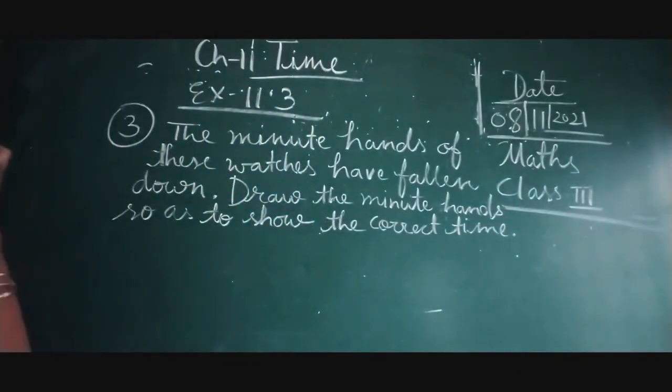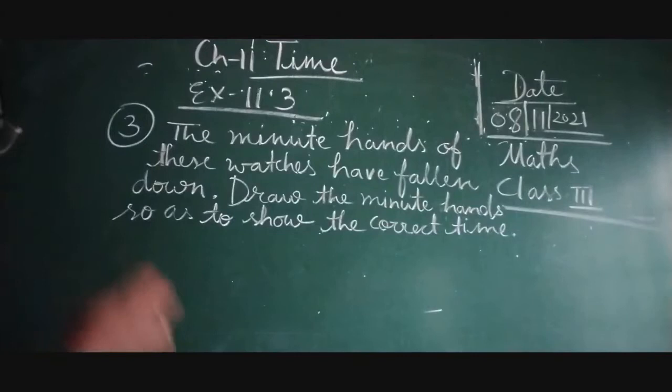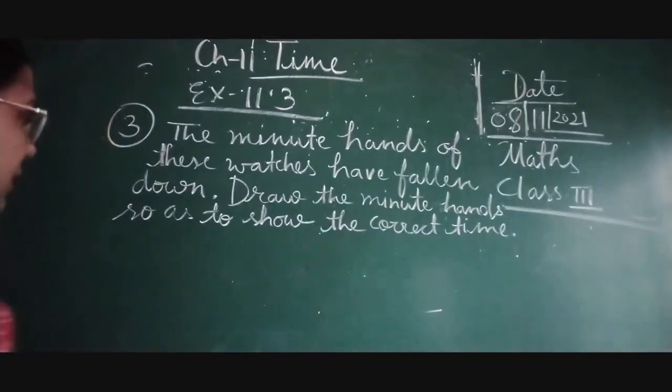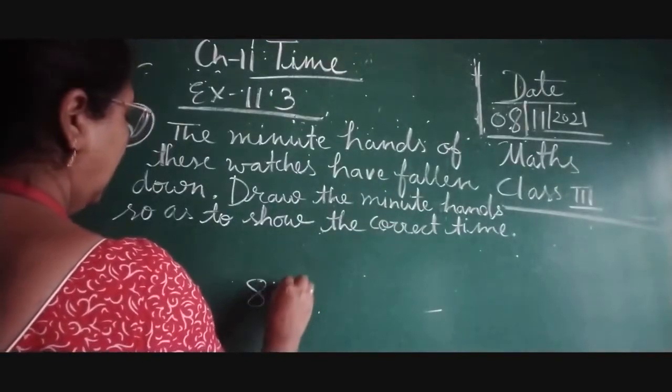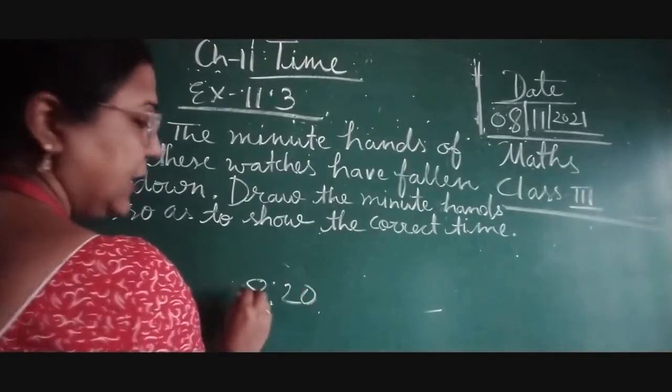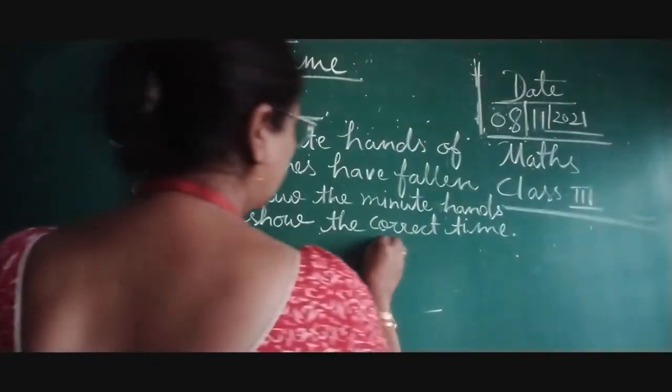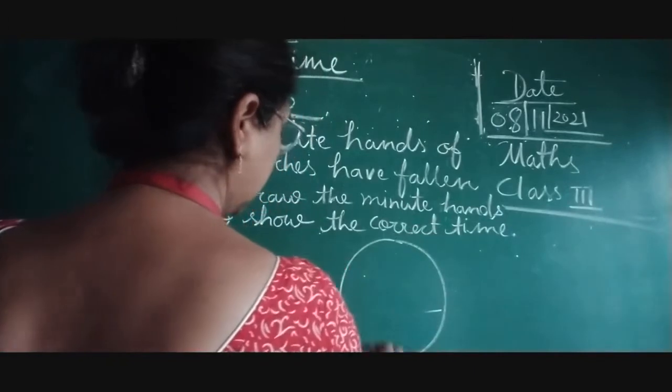Okay. So now children, we are going to start this one. Now first one is 8:20. Okay, the time is 8:20 and we have to show it in the clock also.